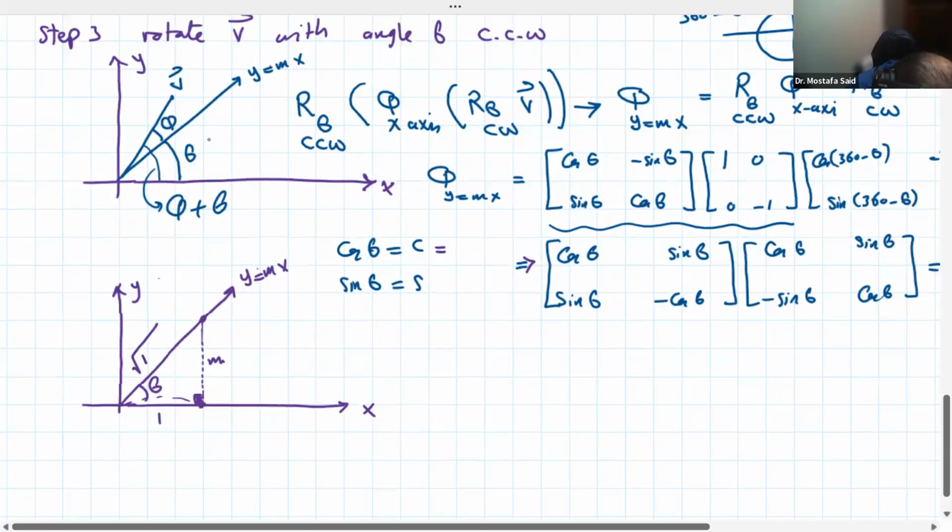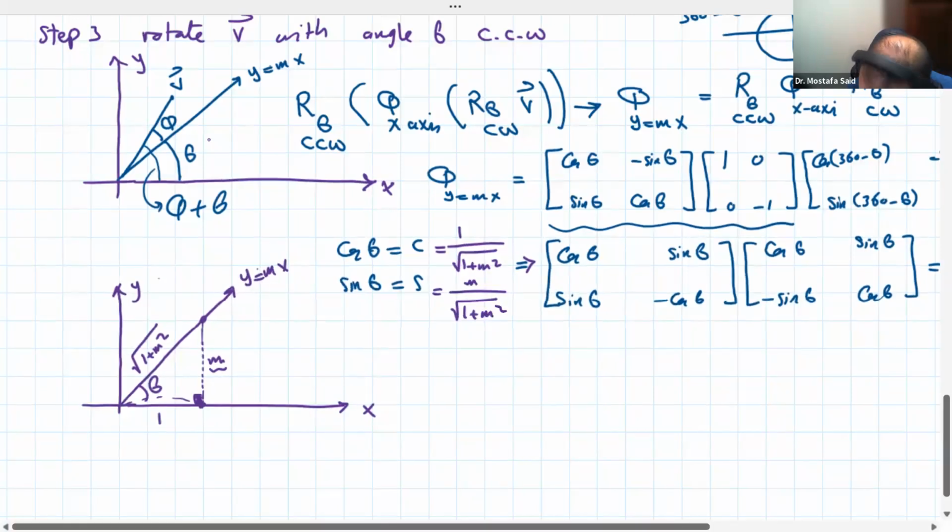What is sine theta here? It will be m divided by the square root of 1 plus m squared. Okay. So we know the sine theta and the cosine theta.